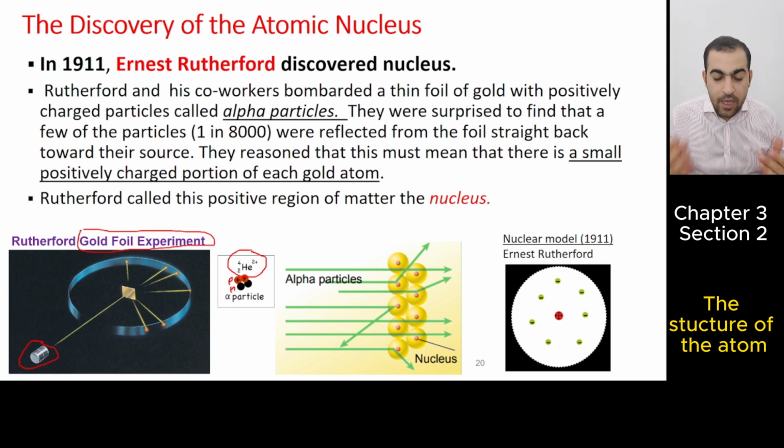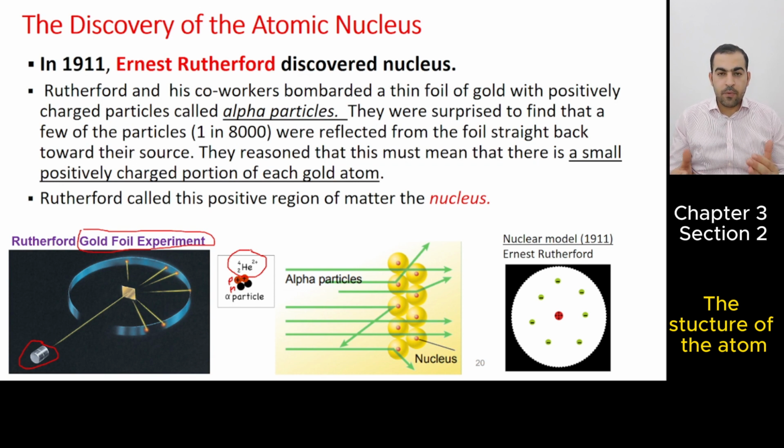When he bombarded, a few of the positive alpha particles were reflected back. So he said the gold atoms must contain a positive portion. Why?